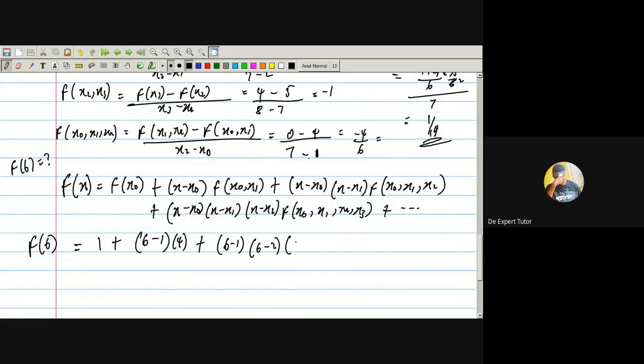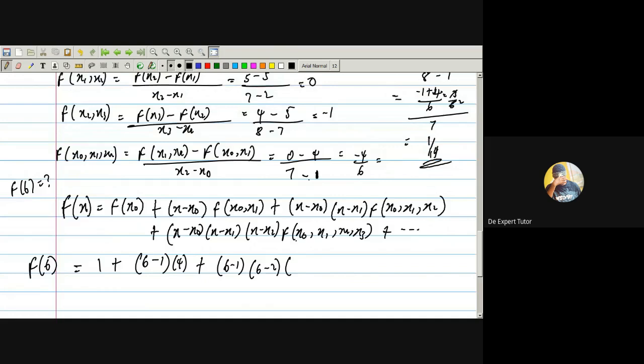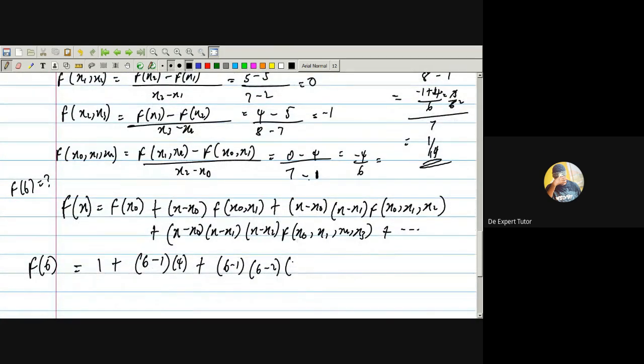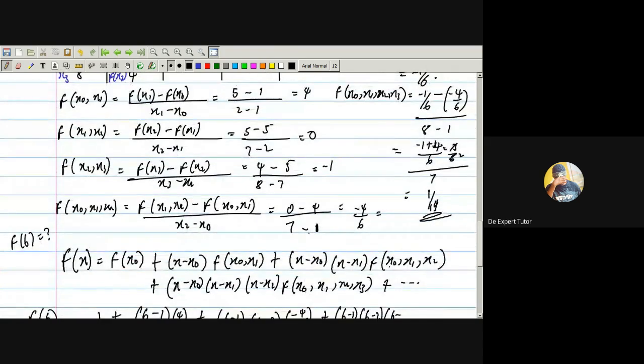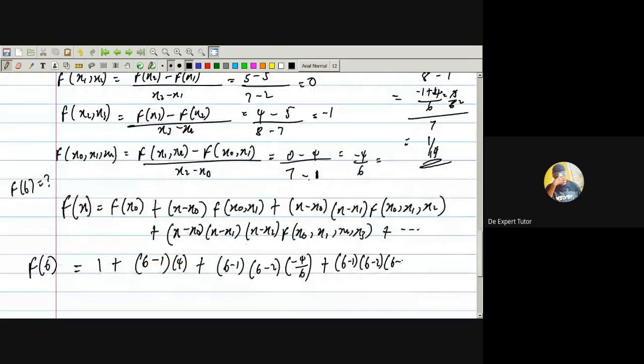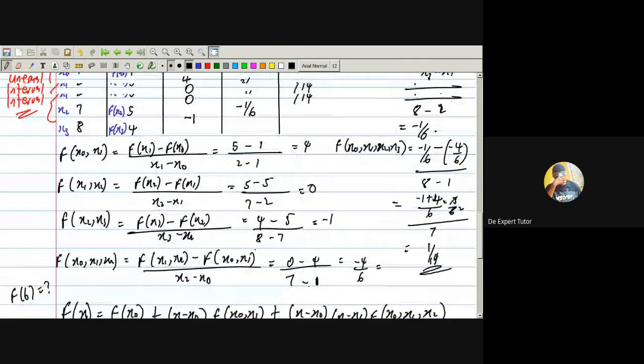Then what's my f of x naught, x1, x2? Minus 2 over 6. Then plus, that's the last one: 6 minus 1, 6 minus 2, 6 minus, what's my x2? 7. X2 is 7.